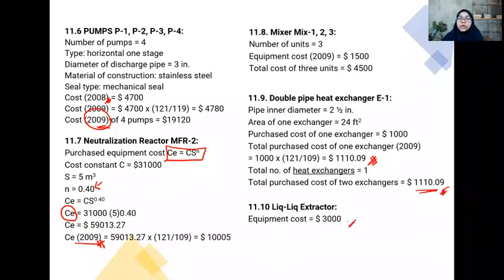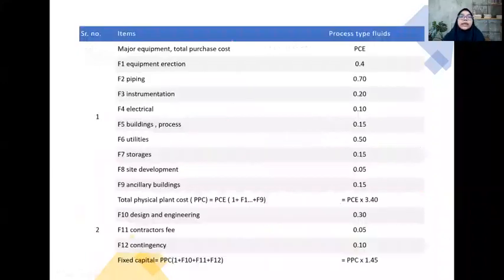And then for the liquid extractor, the cost of the liquid extractor is given here. Okay, and then the next is to list all the factors considered in determining the purchase equipment cost, PCM is the purchase equipment, and then these are the factors.